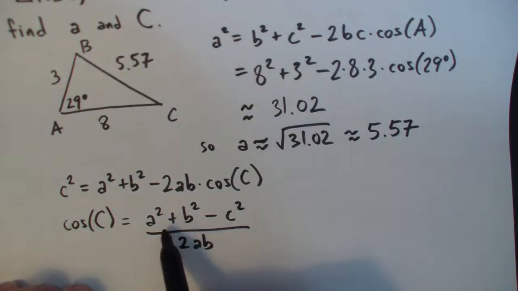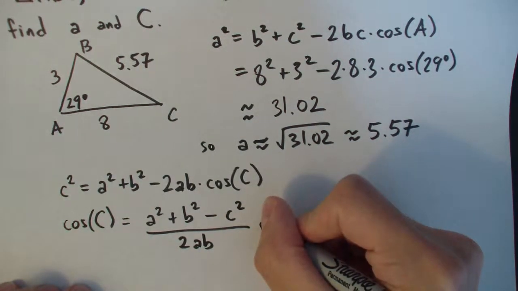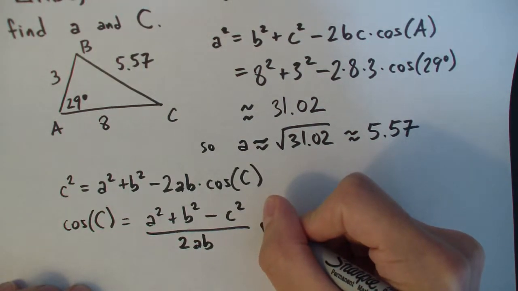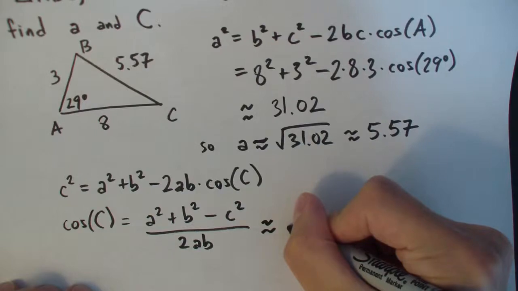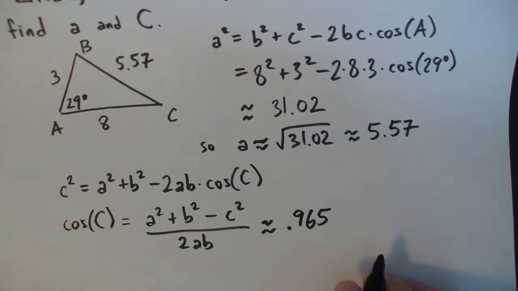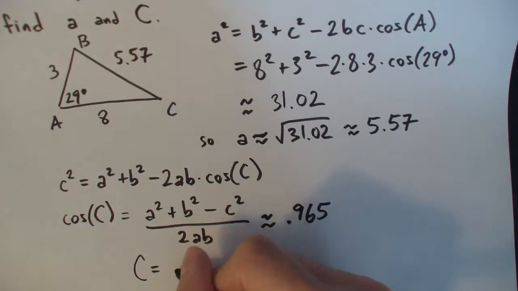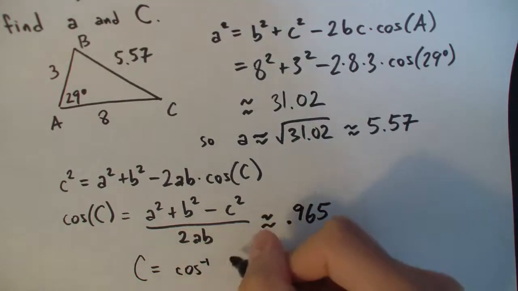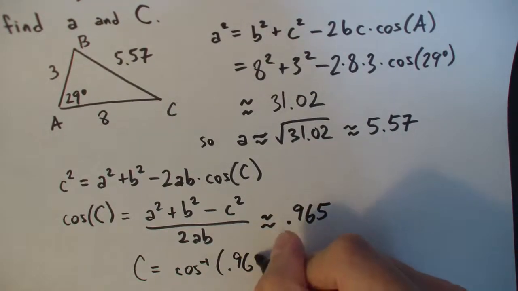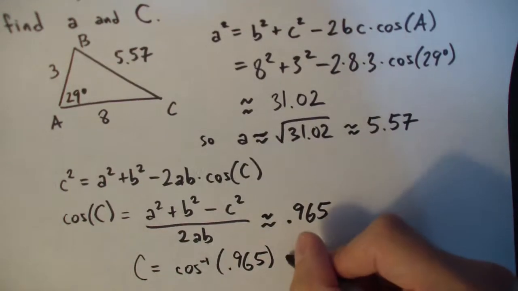And now, plugging in what we know, we've solved for A, we know B and C, and so we plug in, and I'll leave the computation to you, but this computation comes out to be approximately 0.965, and so we take the inverse cosine, we find that C is inverse cosine of 0.965, and that turns out to be about 15 degrees.